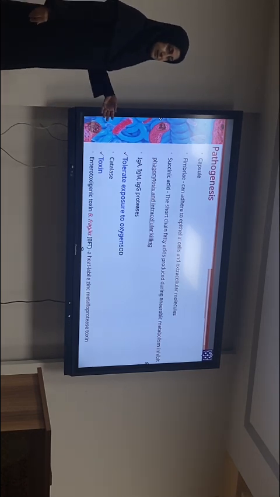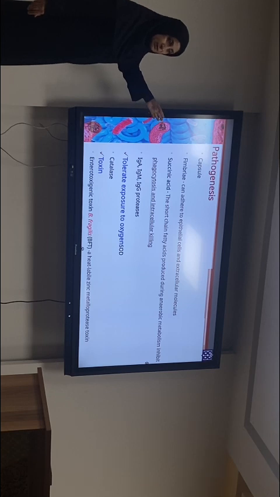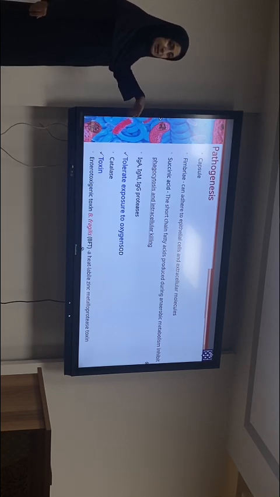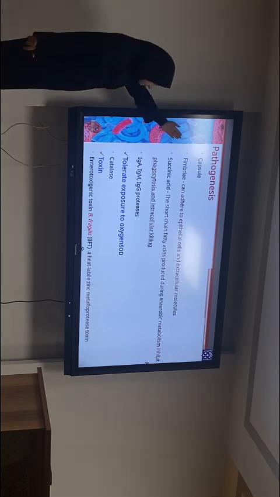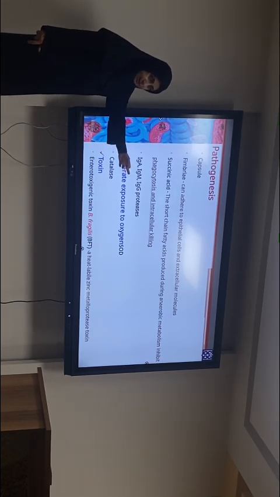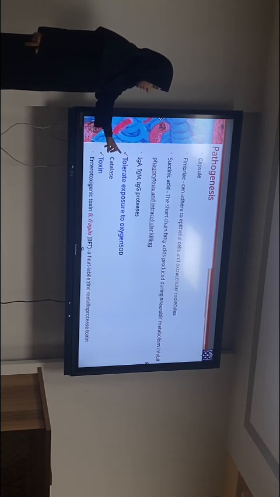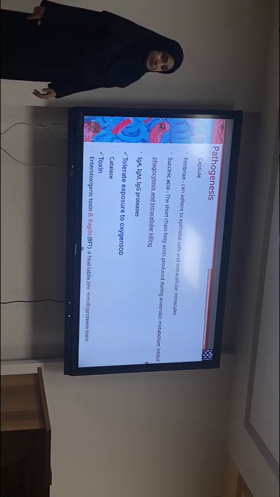In summary, anaerobic gram-negative rods have several virulence factors, such as capsule, fimbriae, succinic acid, proteases, some enzymes such as catalase and superoxide dismutase, and toxin.